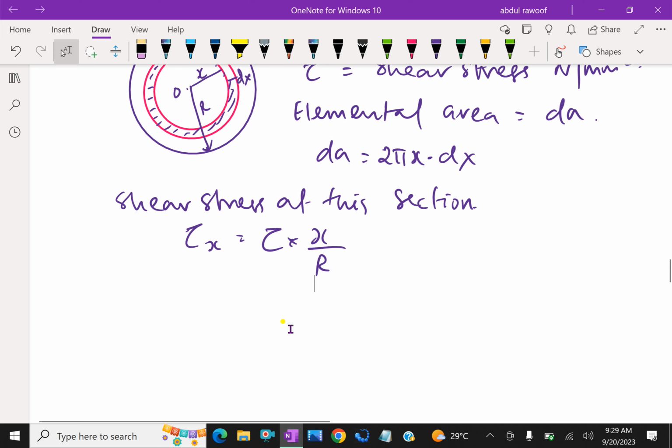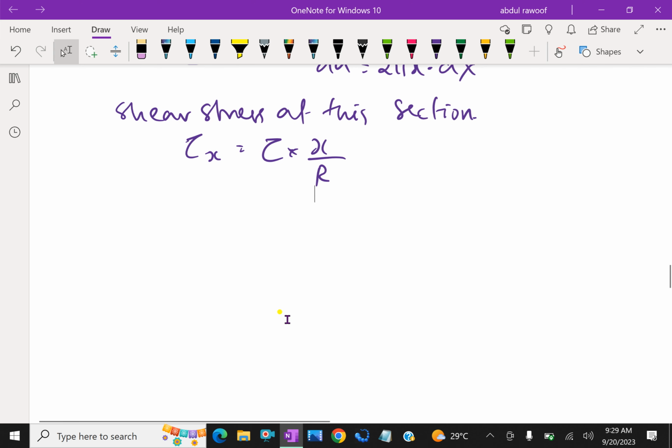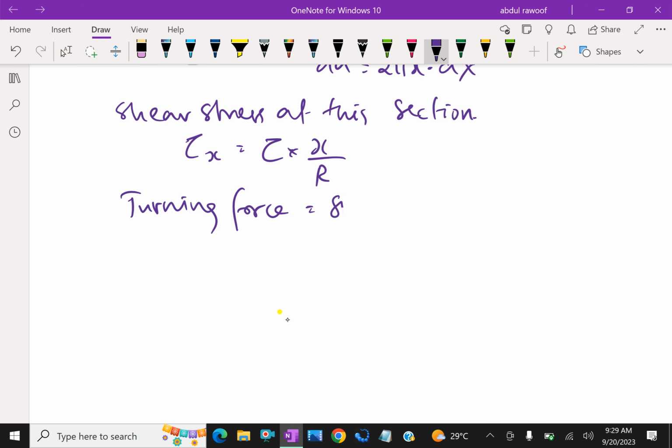Now the turning force. Turning force is shear stress into area.